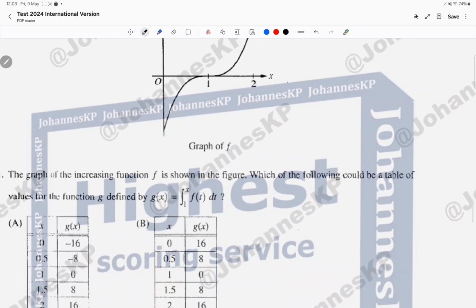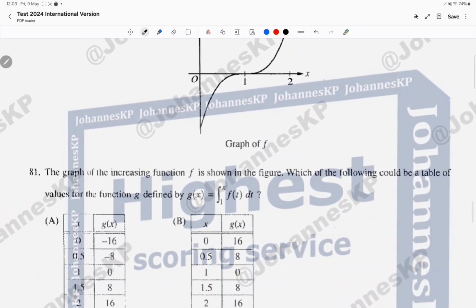Okay, so 81. This is F, and G is the integration of F, starting from 1. So basically, G is the area, right? So when x is 0, to integrate from 1 to 0, we have to go backwards. And if we go back, it's going to be negative. Okay? It's going to be what?